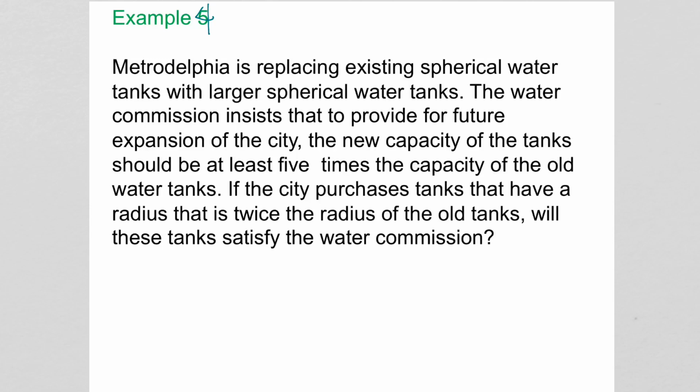So they're not telling us the dimensions of the old tanks or the new ones. It just says that the radius will be twice the size. And so we want to see if the radius is twice the size, will the volume be 5 times that? So, here's our sphere.